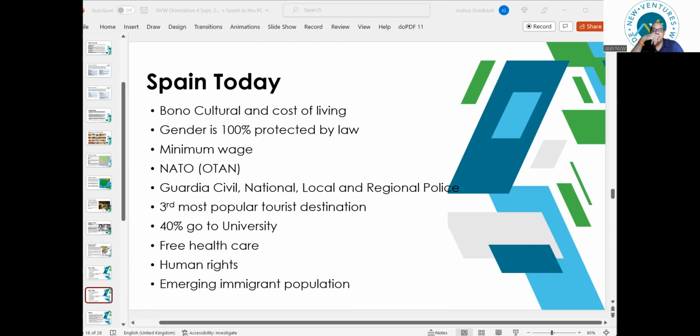Today, even though Spain was a very Catholic country, today gender is 100% protected by law. So that means if you are hetero, homo, bi, LGBTQ plus, or whatever, you are absolutely 100% protected by law, okay, against discrimination, and you are free to express yourself however you like, okay, which is very important.